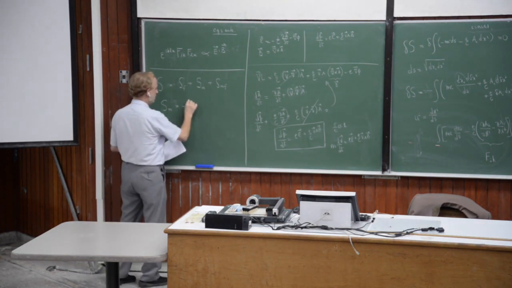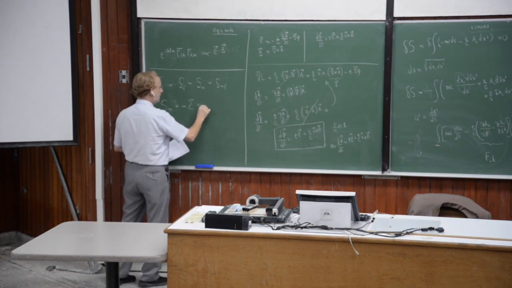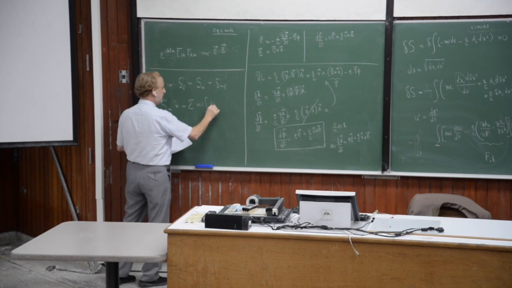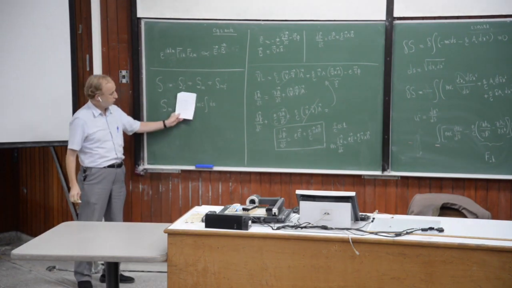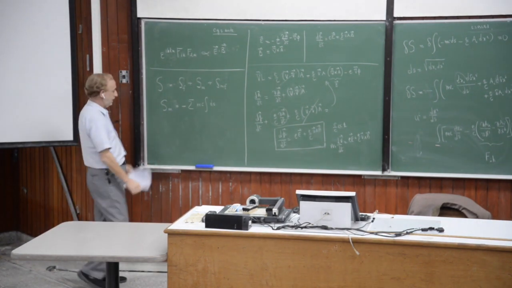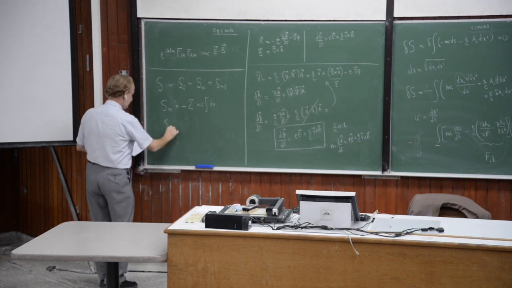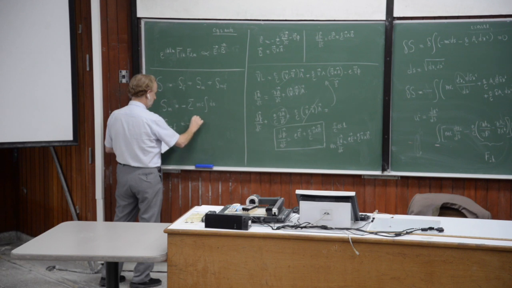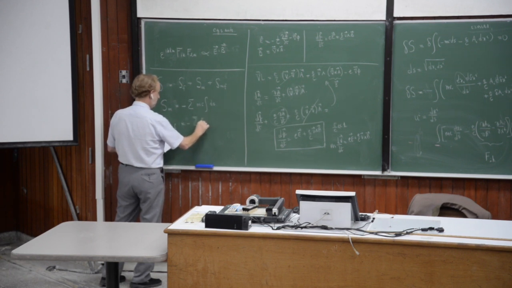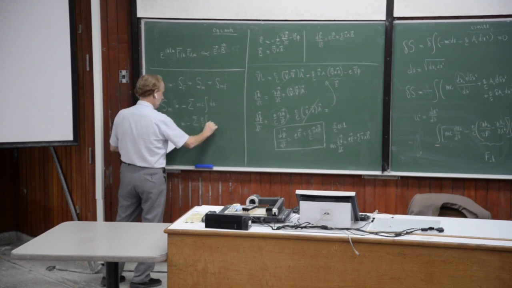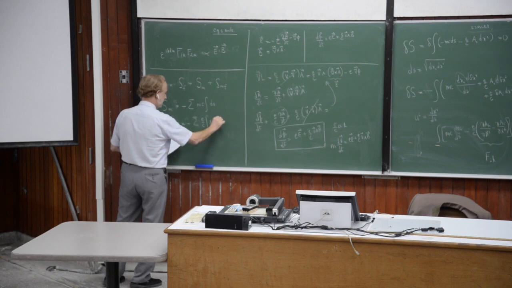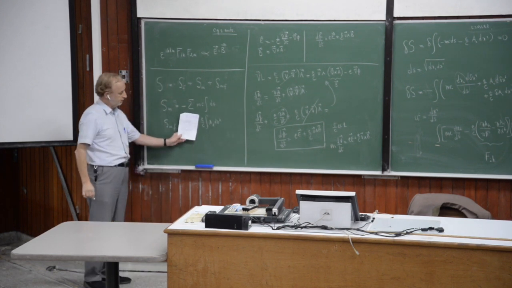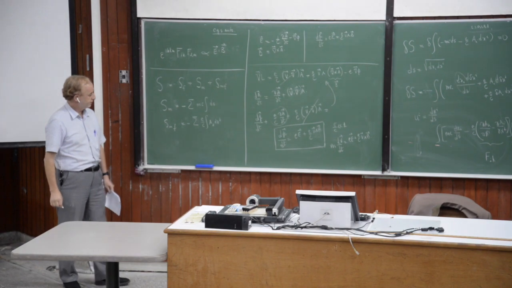So minus sum over mc, the integral ds for each one. And for the interaction, just a generalization of what we had before, sum over e over c, the integral Ak dxk. So this is for one particle, this is for all the particles.